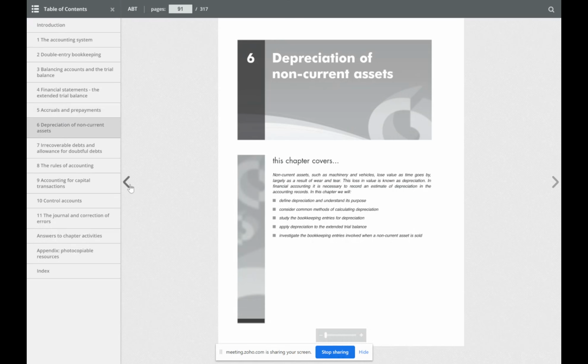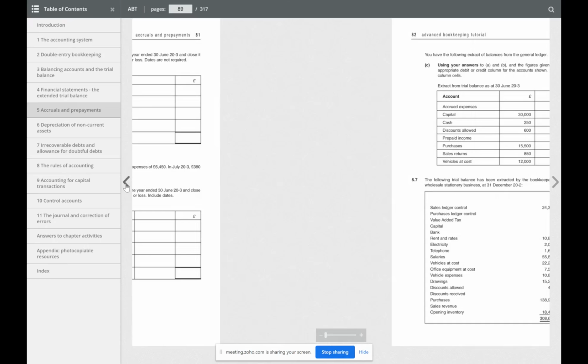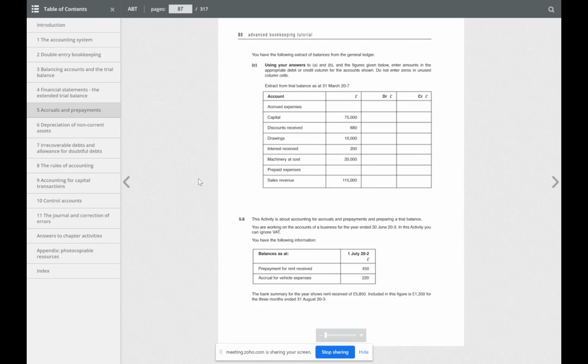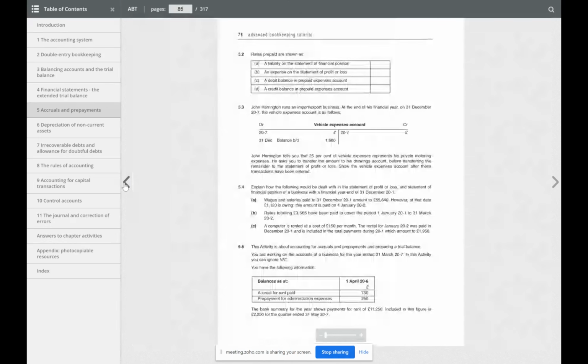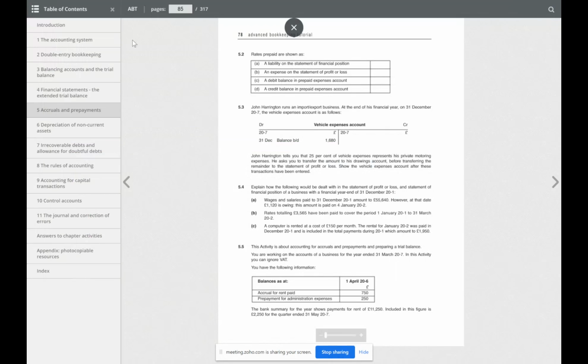Let's see the next question, which is exam type. It's 5.5. Long question. So this is the type of question which you will 100% get in exam. So is there anyone to read this question?